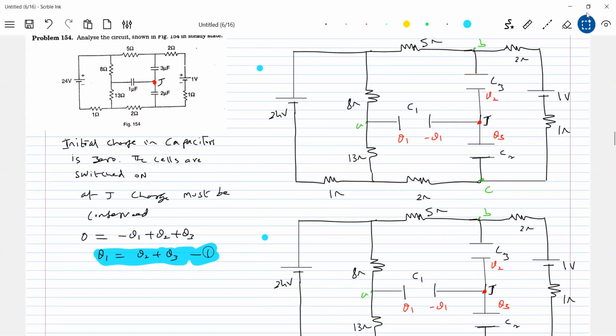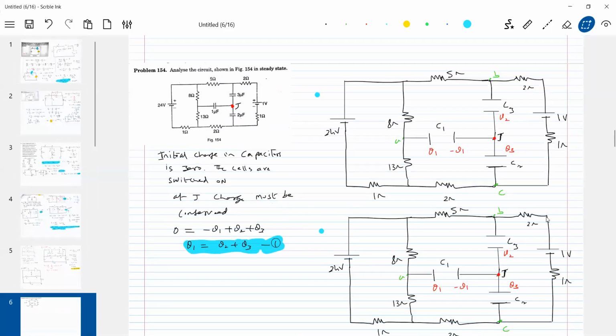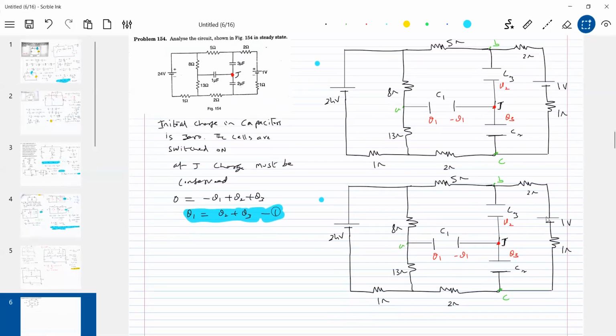Where all capacitors are there, we have to put an open circuit. At steady state, no charge flows there. So I'll remove this capacitor itself.